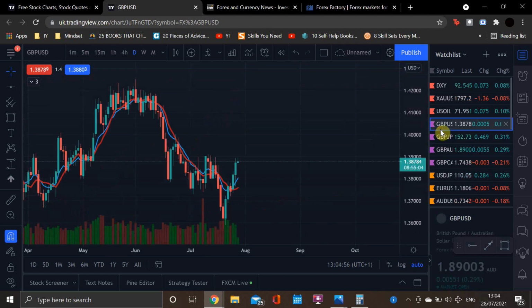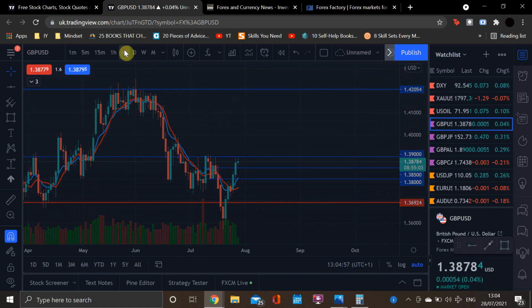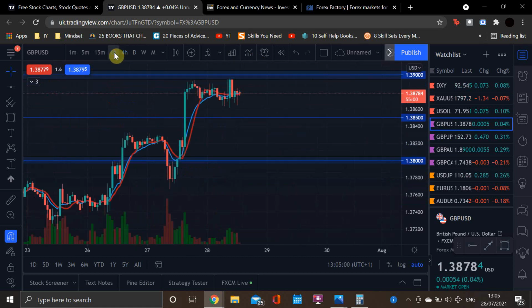Let's look at GBP USD again. 1.385 mid level, 1.39 top, 1.38 bottom.